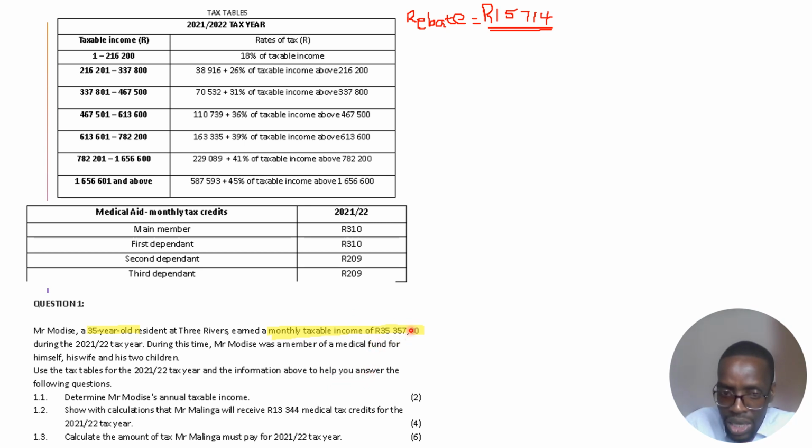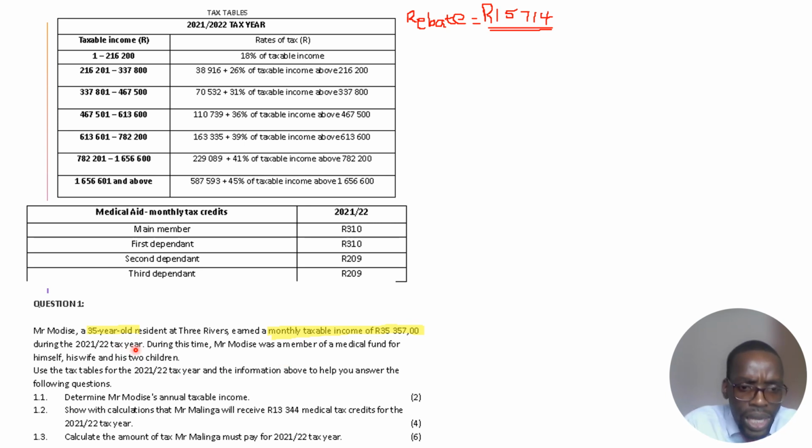Why are we saying it's after deductions? Because the question says it's taxable income. So we don't have to worry about the pension, the UIF, the retirement annuities, and the donations, because those have already been subtracted. It's easy for us now, isn't it?